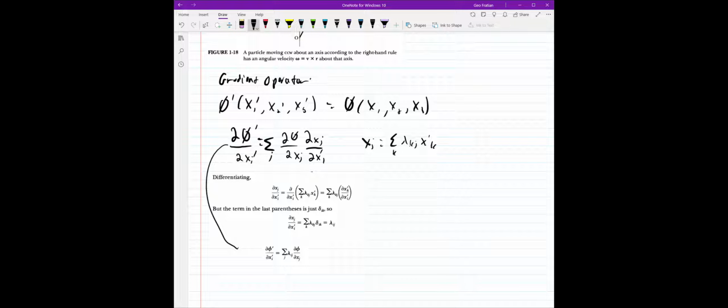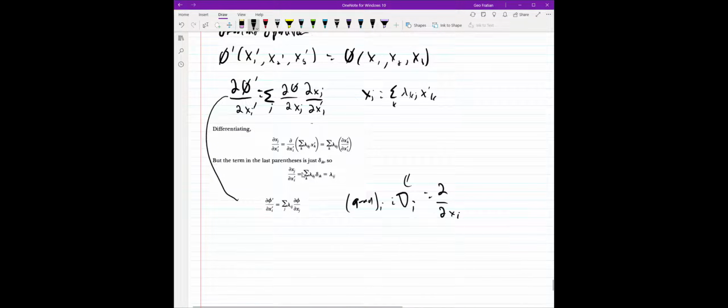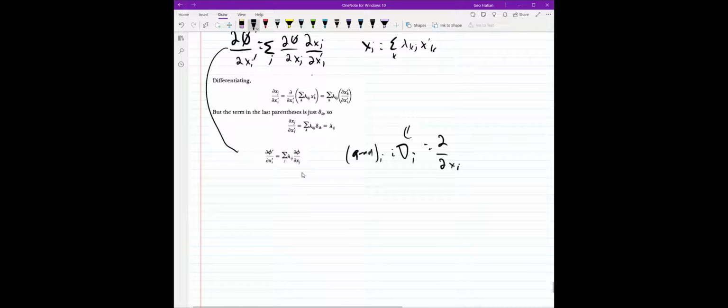We can define the gradient operation, grad with respect to i, which is just del x i, the partial derivative of a component. So the grad vector is the partial derivative with respect to all components. What this means basically is e i, del x i. So it's actually a vector. You take the partial derivative with respect to i, j, or k, and then you multiply it by that actual direction. So it has a direction.